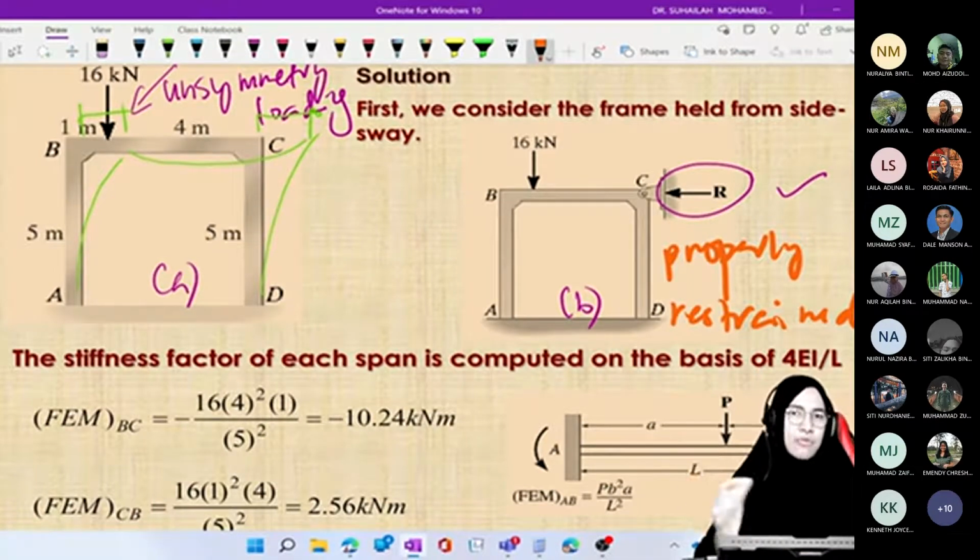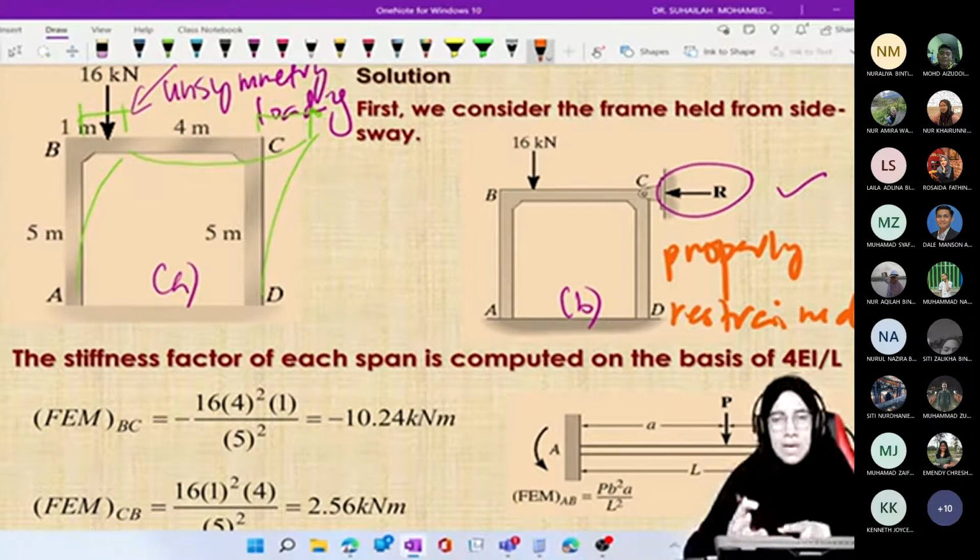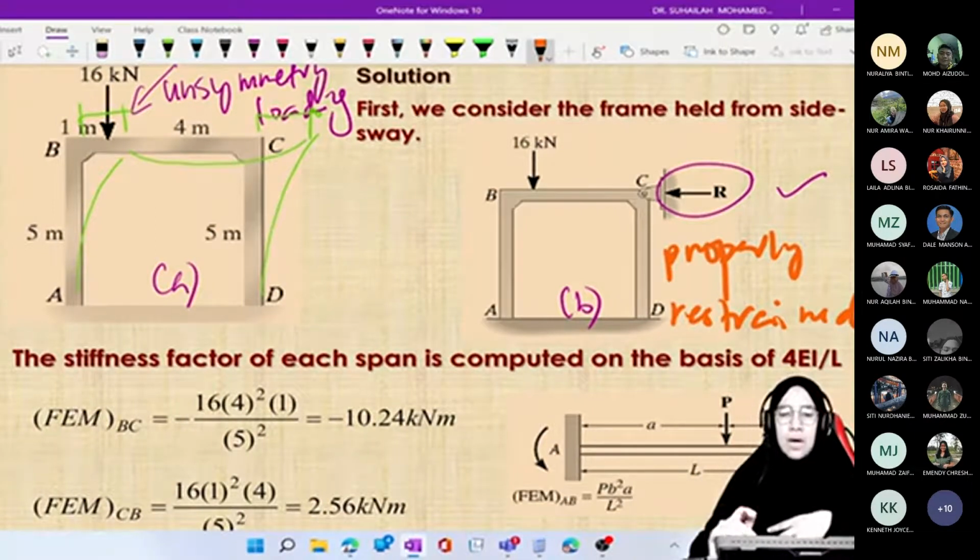So we have removed delta from this B diagram, so we can start to analyze this.